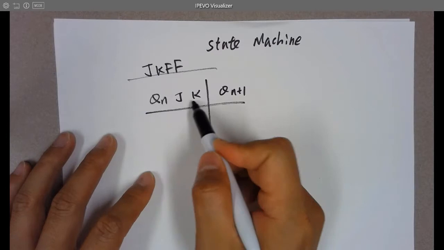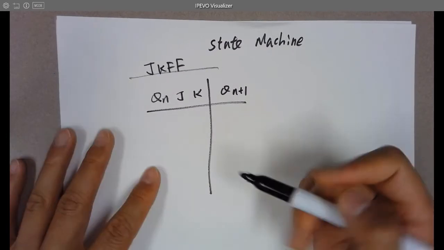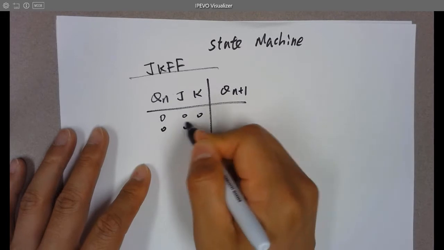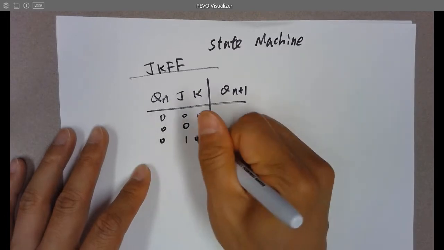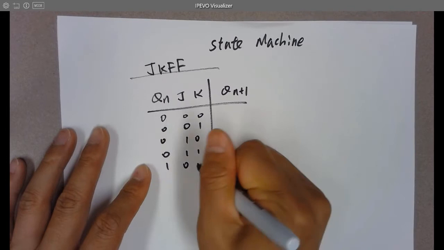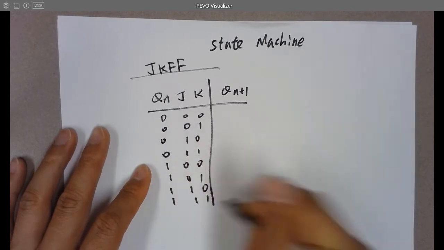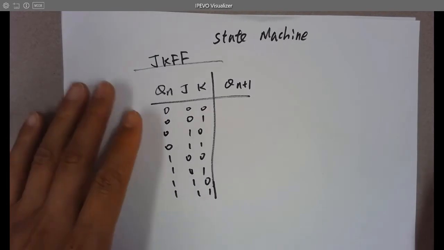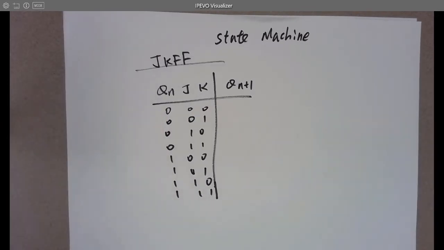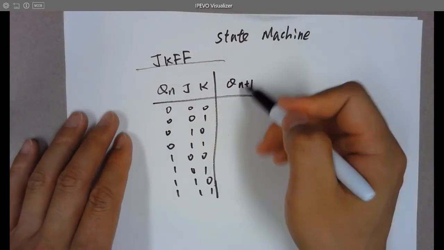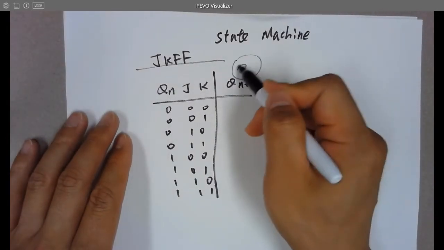Since we have Q, J, K, 3 binary bits, we have totally 8 combinations. So all these 8 combinations. And now let's take a look at that. When we have all these combinations, what will the next state look like?